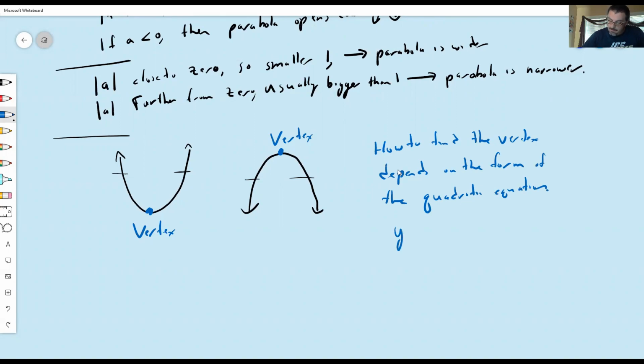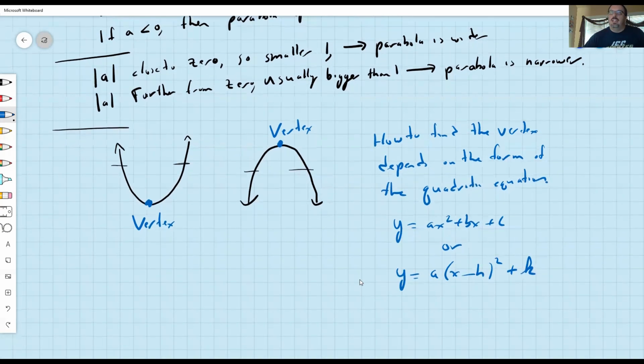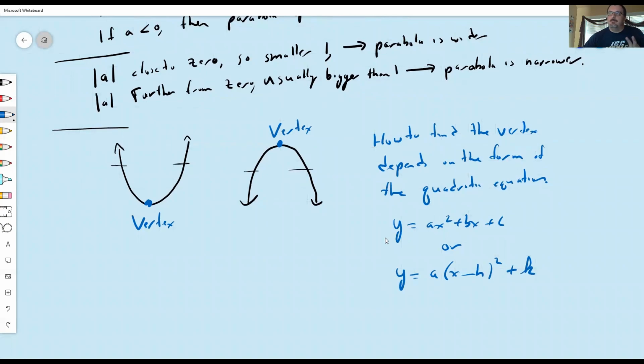So you're either going to have y equals ax squared plus bx plus c, or y equals a(x minus h) squared plus k. And we'll address both of these individually. So this video here is actually going to address this form. I'll make another video to address the other form.